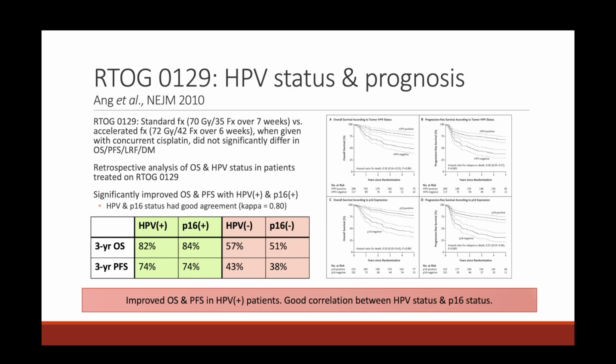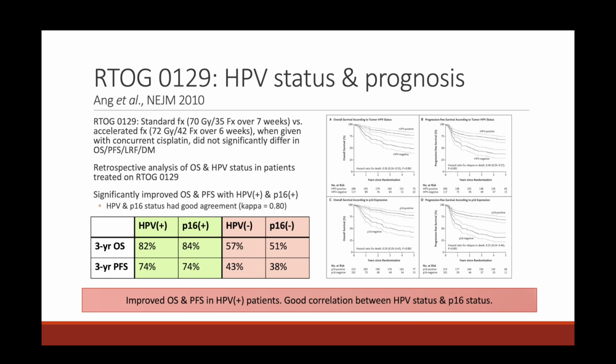RTOG 0129 was a study that we actually talked about in our general principles lecture. We briefly mentioned this trial because it compared standard fractionation, 70 gray in 35 fractions over 7 weeks, to accelerated fractionation of 72 gray in 42 fractions delivered over 6 weeks.